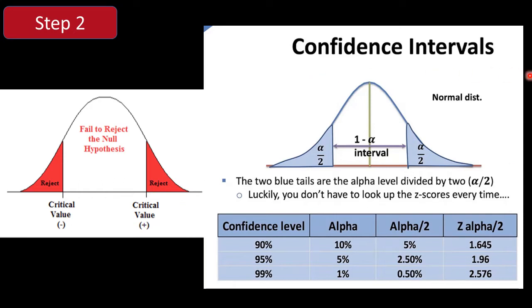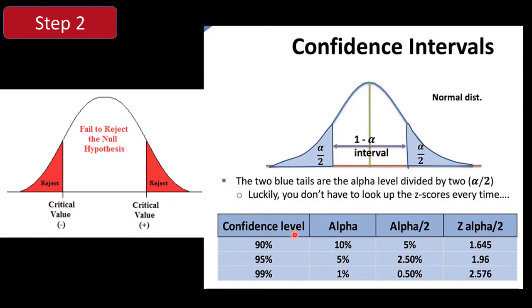Here, confidence intervals. The alpha level is on both sides. If it is 5%, what do we need to do? 5 divided by 2, because we need to consider both areas.